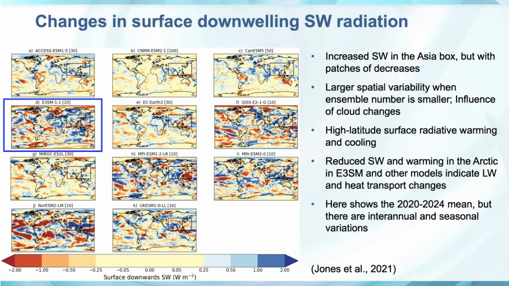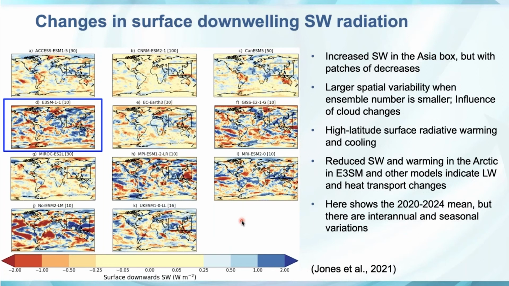Let's take a closer look at the radiation changes. First, the surface downwelling shortwave radiation. If you focus on the black box in each panel, it still marks the Asia area. Most of the models do show increased shortwave at the surface, but there are also patches of decreases that complicate the response.